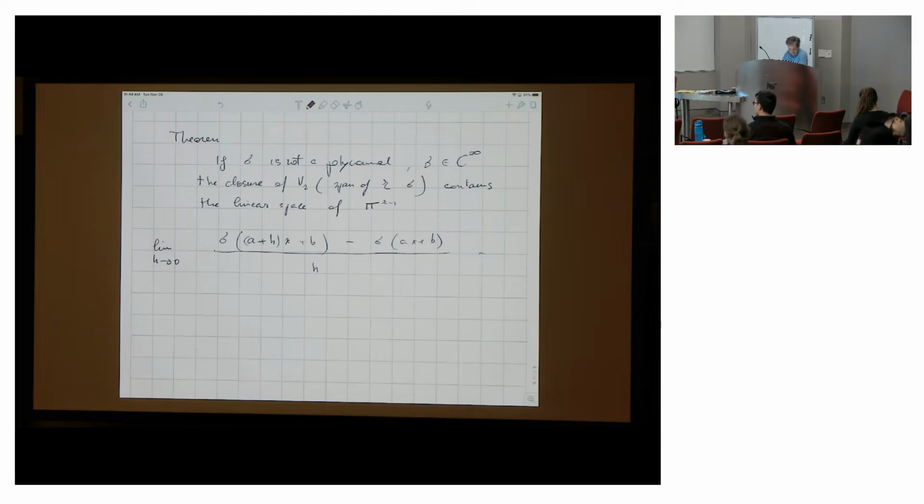This gives me something like the derivative with respect to a of sigma of ax plus b, which for a larger than 0 is x times sigma first derivative evaluated at ax plus b.